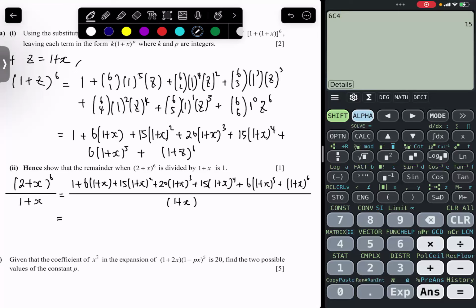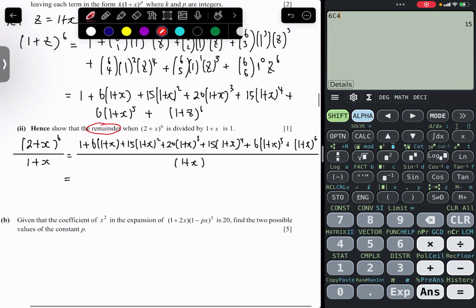Okay, how am I going to do this? Oh, okay, so they are finding the remainder. I didn't see carefully.